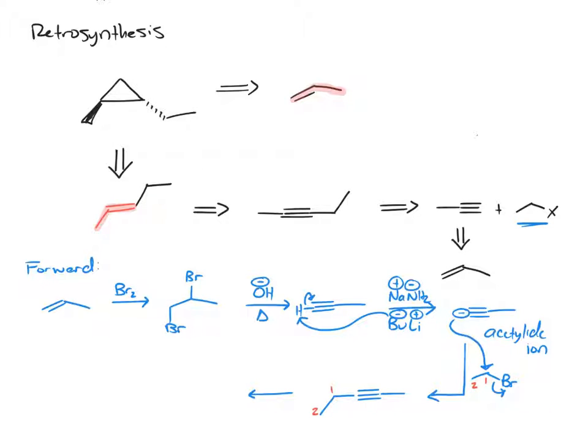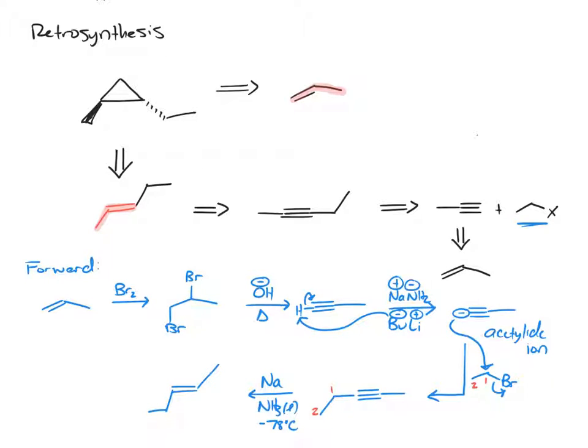We want the trans alkene, so let's use the dissolving metal reduction. We'll use sodium metal, liquid ammonia, and low temperature. That will give us this trans alkene.